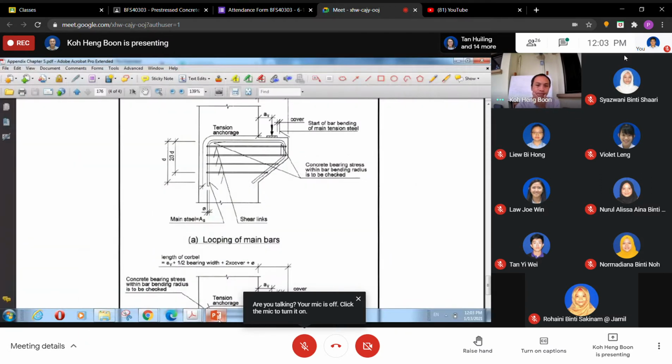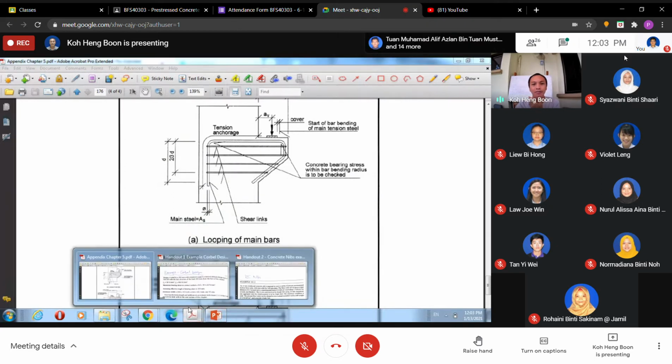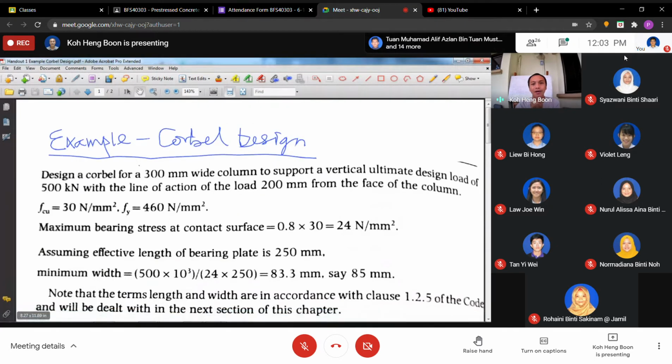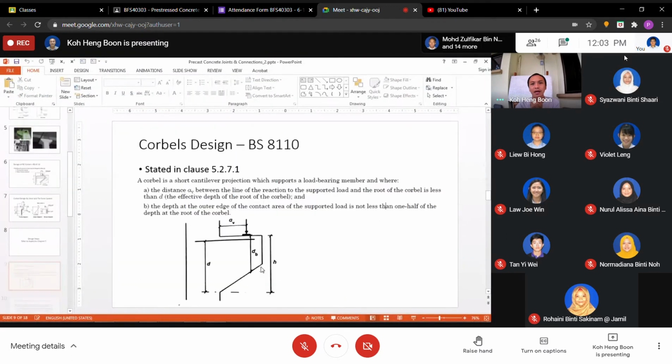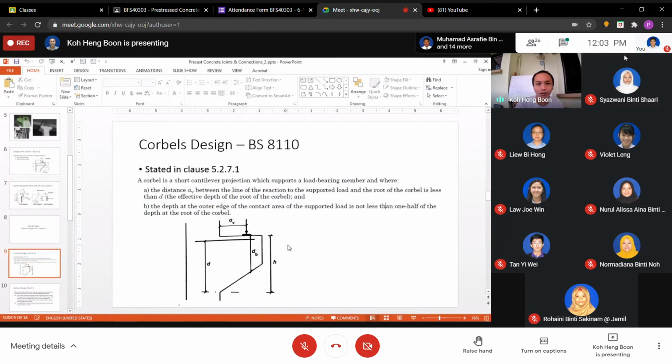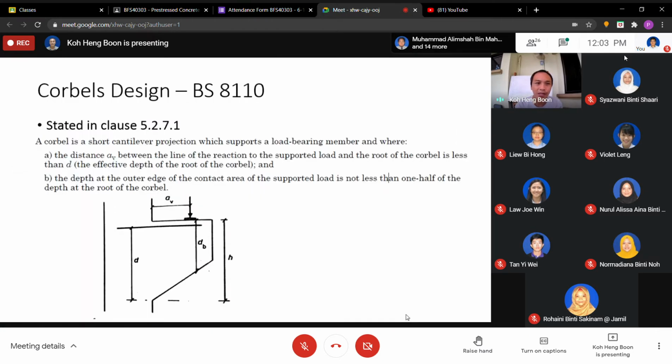Okay, so now we look at the example, the design. Before going to the example, still under British standards here, it is only repeating some of the things. In the British standard it is stated in clause or section 5.2.7.1, which gives you some idea of the dimension.